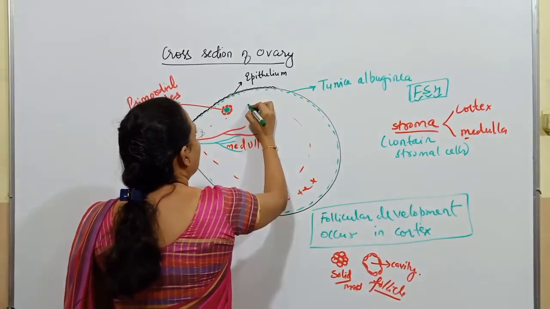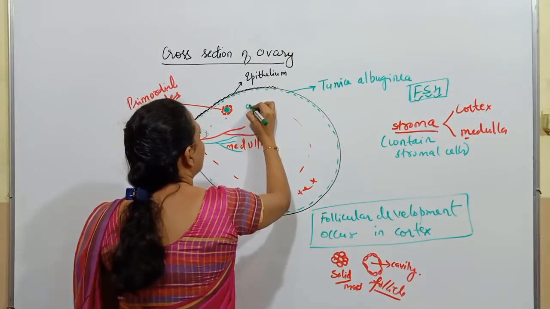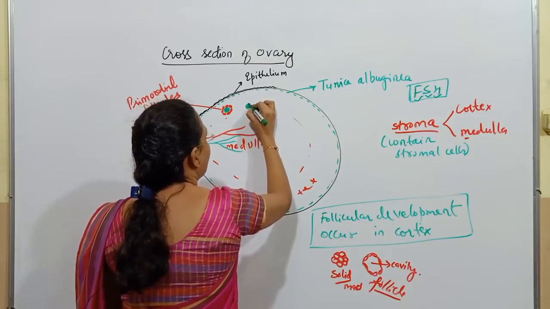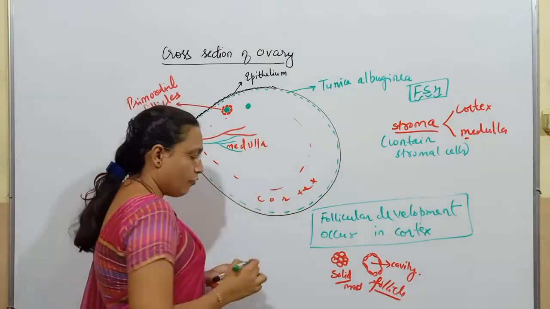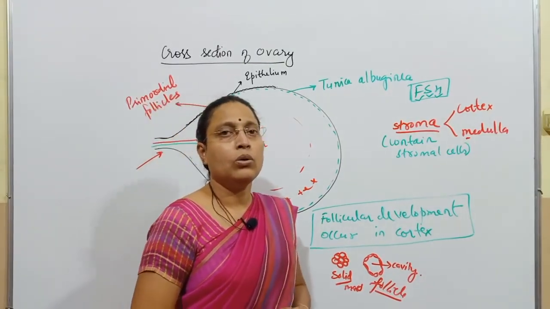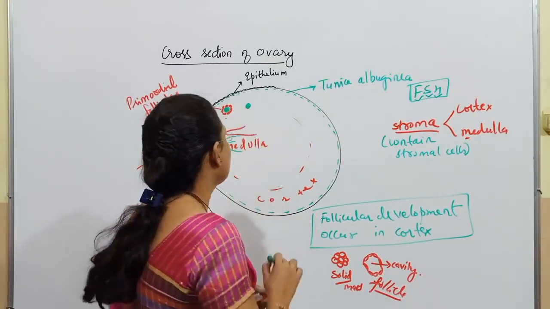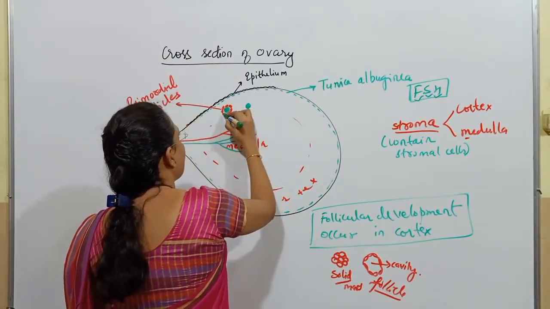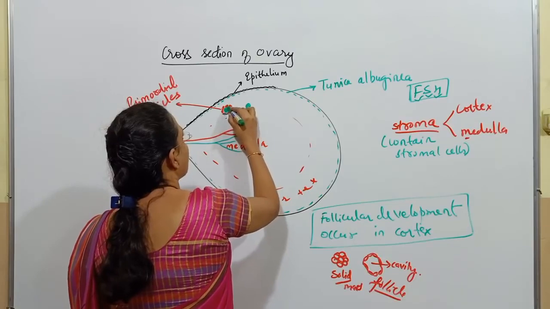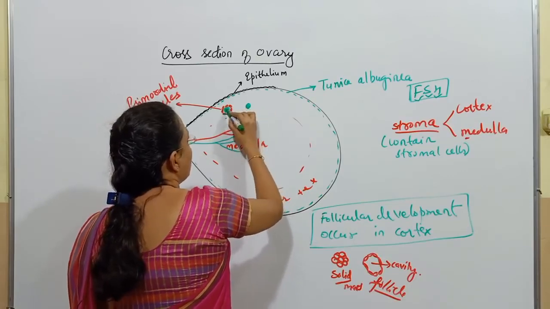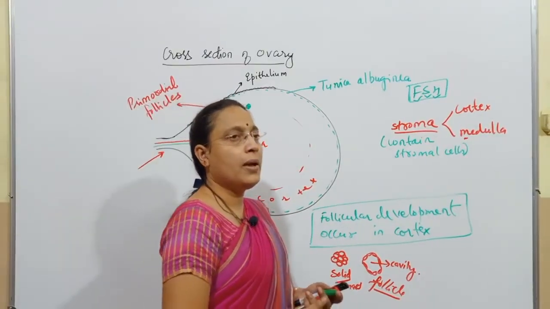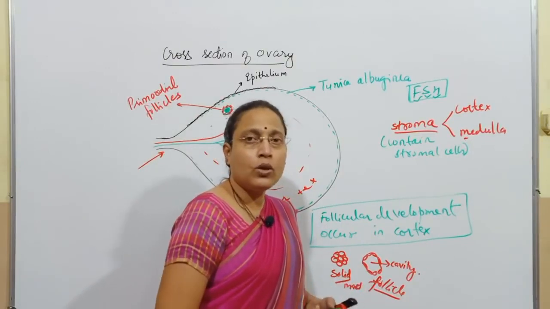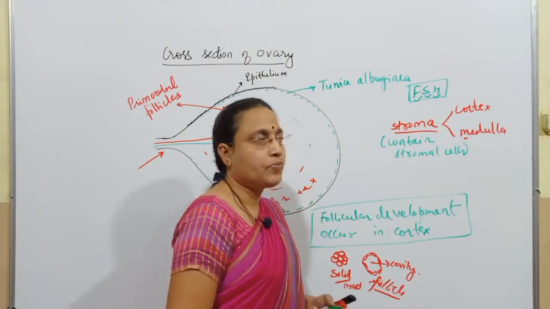Now again, oogonia will develop and form primary oocyte. So here, not like in the primordial follicle where flat cells are there, here the oocyte will start undergoing multiplication phase, and the primary oocyte is formed.